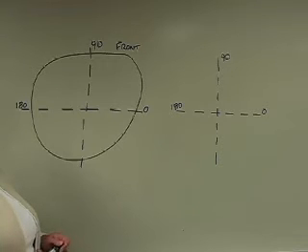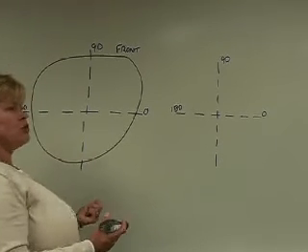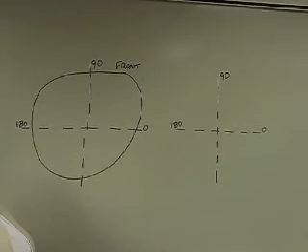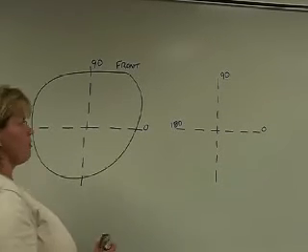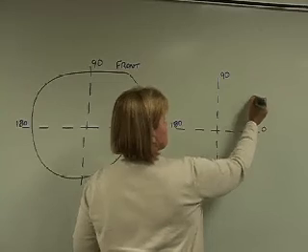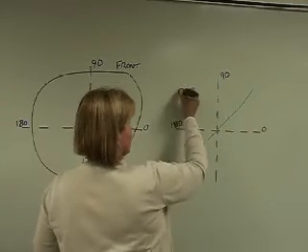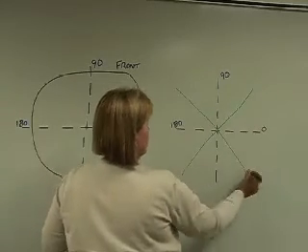If I wanted to represent a spherical lens drawn on an optical cross, and here we're talking about the total power of a lens, we would simply choose any two meridians that are 90 degrees apart from one another and put them on the optical cross. So let's pick two that are different than 90 and 180.